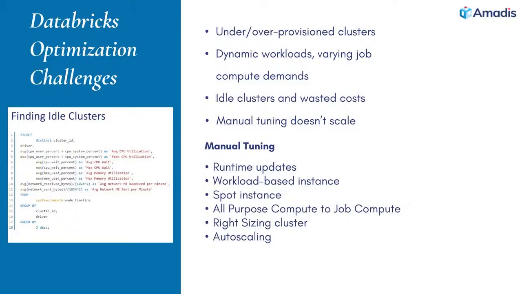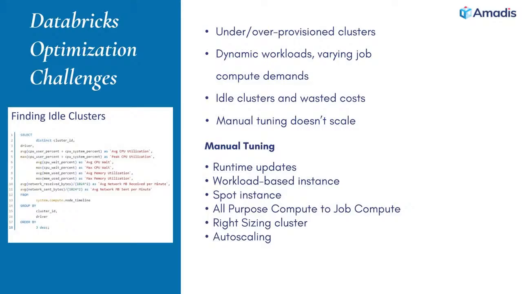Then in the life cycle of a cluster, at the creation of the cluster, we start doing small tunings, choosing proper runtime updates, and the instances we choose are workload based instances. When we are choosing for dev or test development, we specifically choose a spot instance.